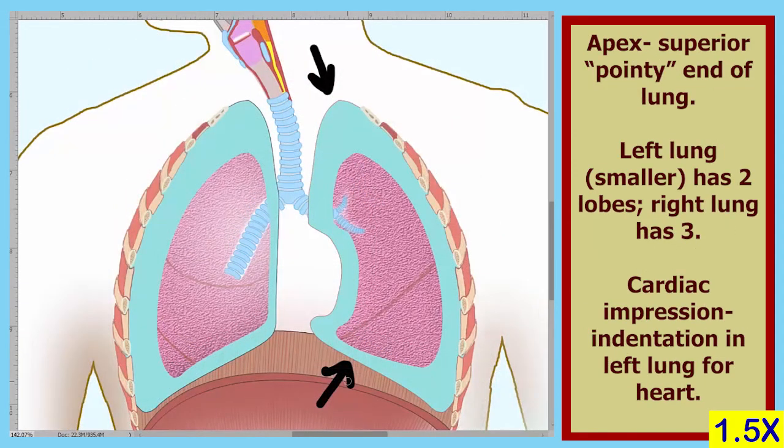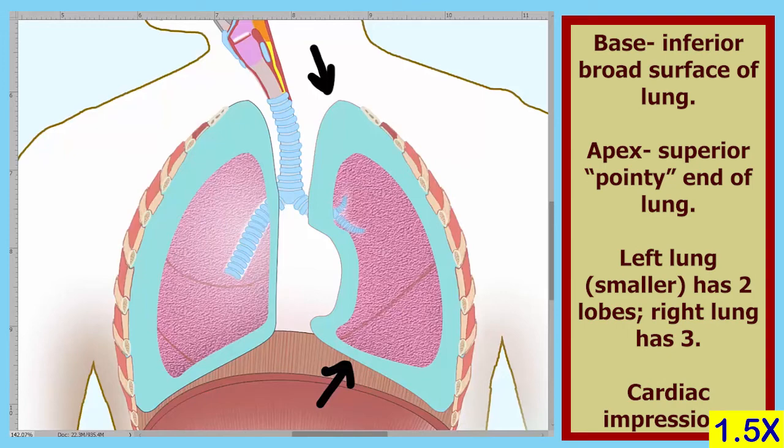Each lung has a superior pointy end and an inferior broad surface. The superior pointy end of each lung is called the apex, and the broad inferior end is called the base.